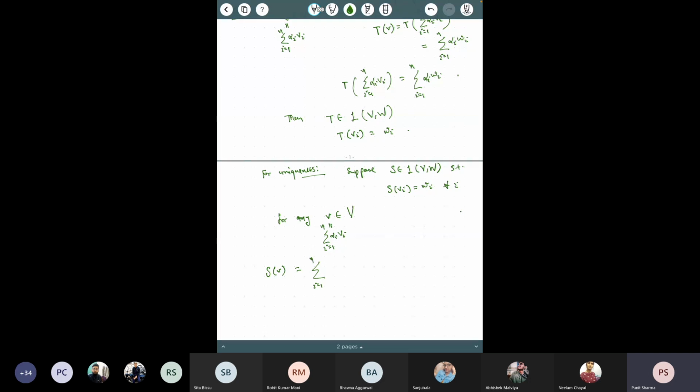Since S is a linear transformation, I can take S inside the summation, so it is the sum of alpha_i S of Vi. Now what is S of Vi? It is Wi by definition, so we get the sum of alpha_i Wi. But again, by the definition of T, this summation of alpha_i Wi is actually T of v. And therefore, such a linear transformation is unique.